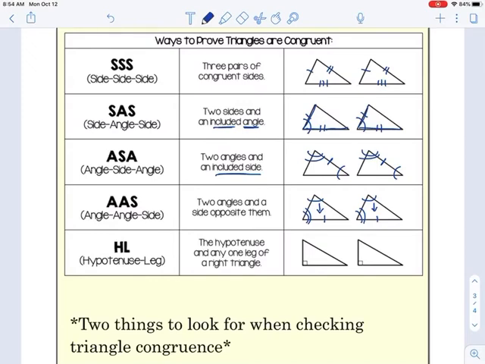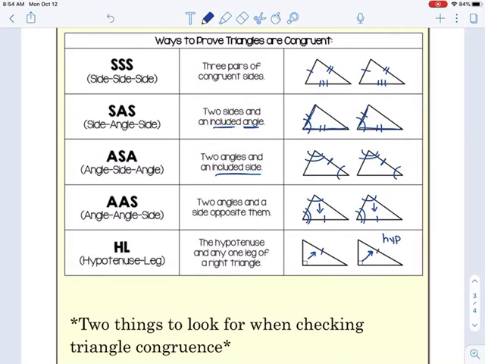And hypotenuse leg, obviously you have to have a right triangle because a right triangle is the only time that you have a hypotenuse. To prove hypotenuse leg, you need the hypotenuse and any one leg of the right triangle. And again, the hypotenuse is always the side directly opposite the right angle. So I have to have that, and I have to have that. That gives me my hypotenuse.